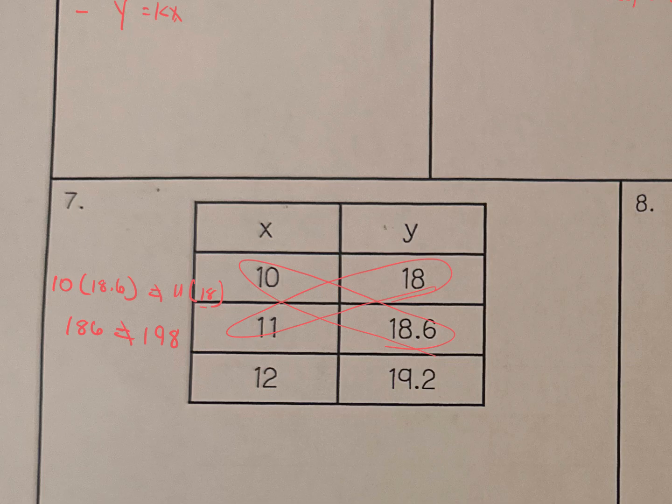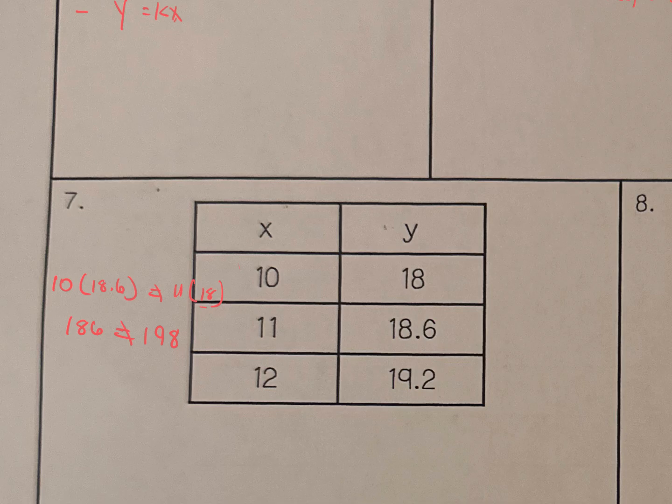And you can do that with any two numbers on either side. So if you did it with 10 and 19.2 and 18 and 2, you just have to be in the same place. As long as you're cross multiplying with the numbers that are in the same position. I'll give you an example.